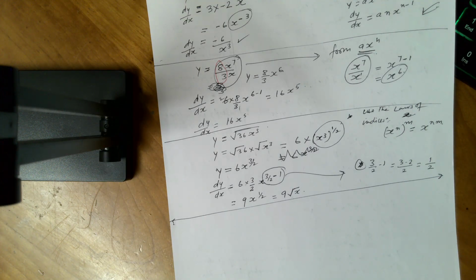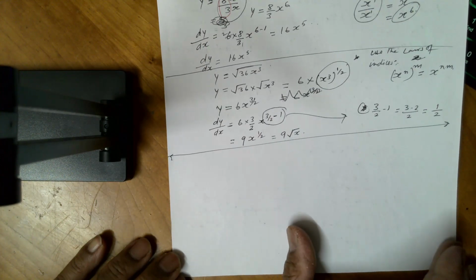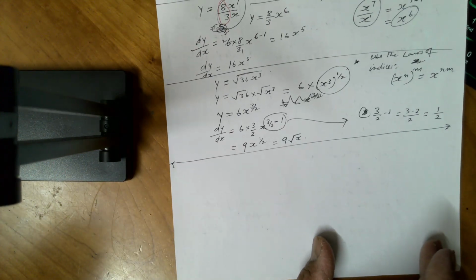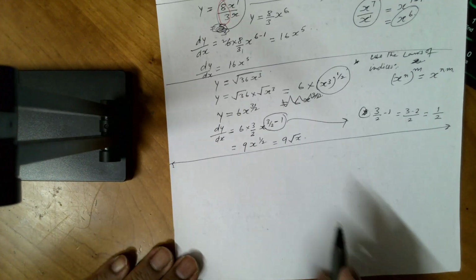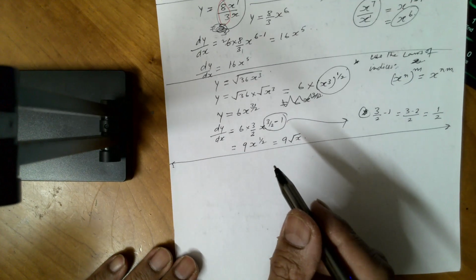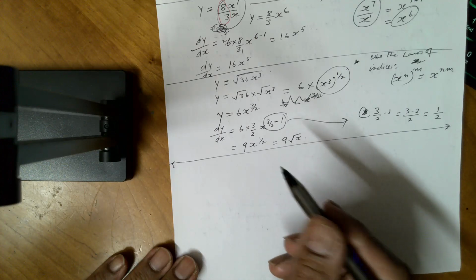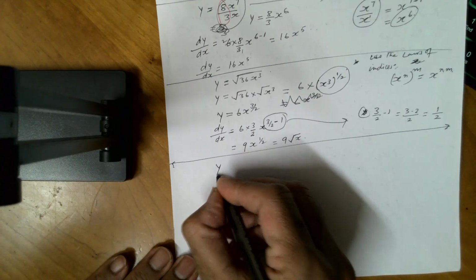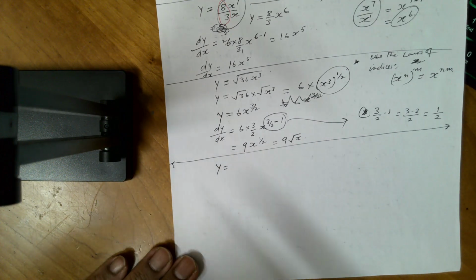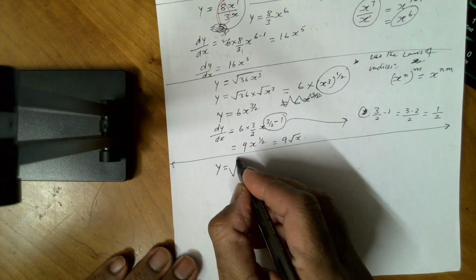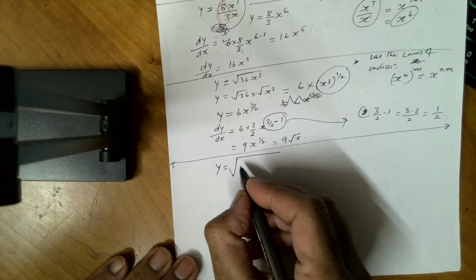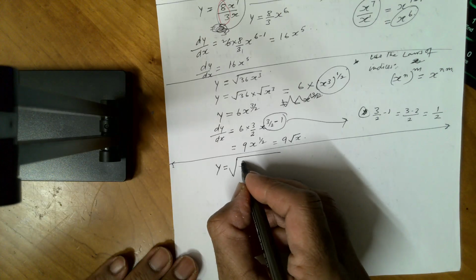Now let's take one good example. I hope I can complete it in this square if I have the space I have left. So let's say you find your derivative dy by dx when y is equal to this example. First we need to simplify before we apply the rule.